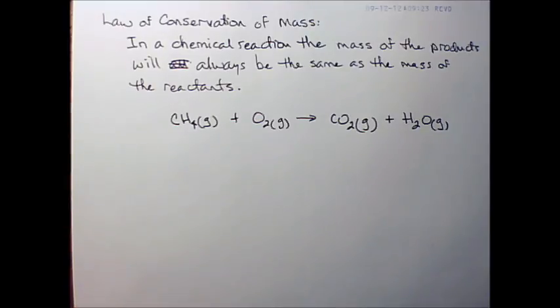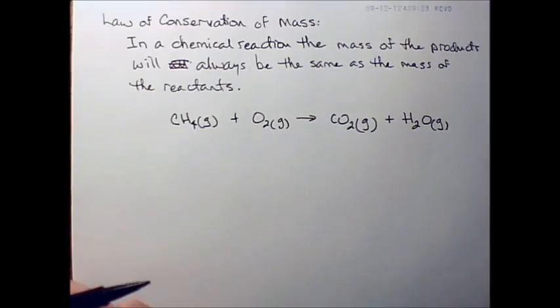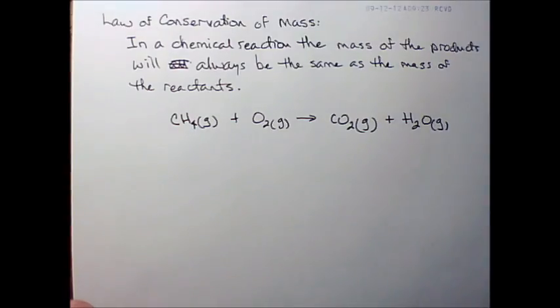What do we got to do? A 2 in front of CO2? No, a 2 in front of O2? No. Wait, what do we do? We're trying to get the number of atoms to be even on both sides. Right?